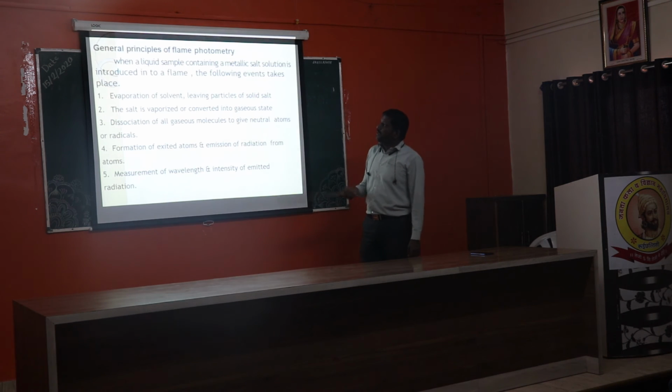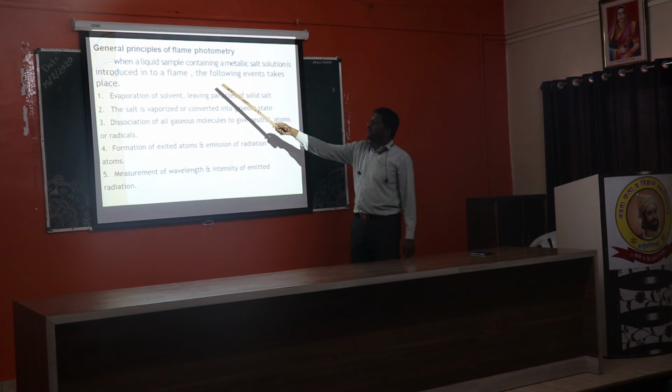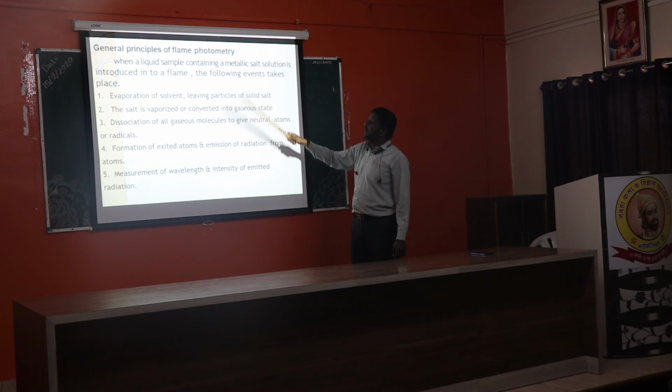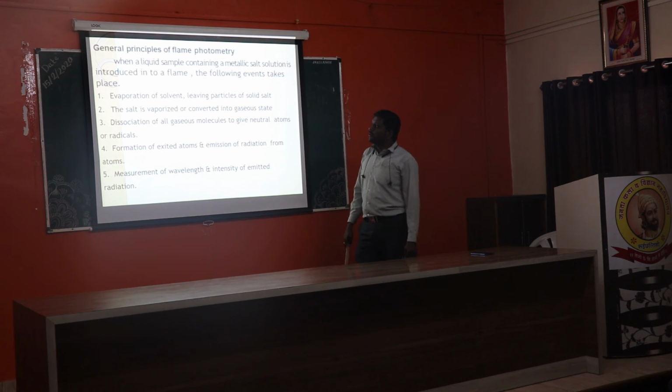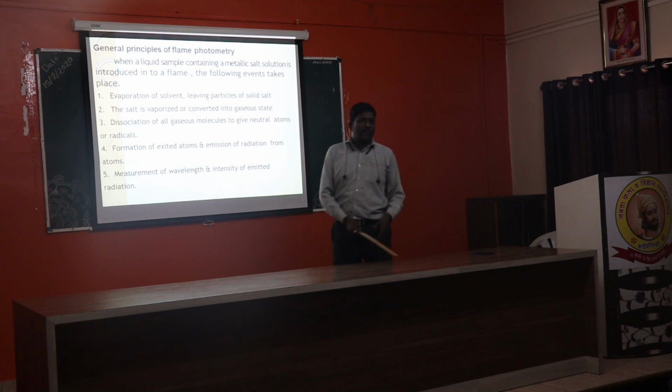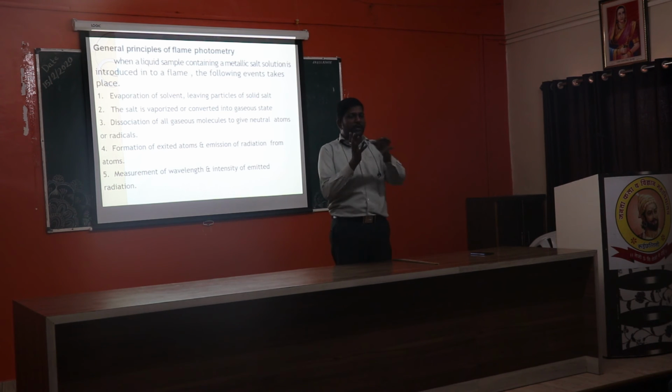Next, the general principle of flame photometry. What are the general principles? When a liquid sample containing a metallic salt solution is introduced into the flame, the following steps take place. It's very easy. What we have seen: first radiation source, then chopper, then flame, then monochromator, then detector, and then readout. Six points we have seen.